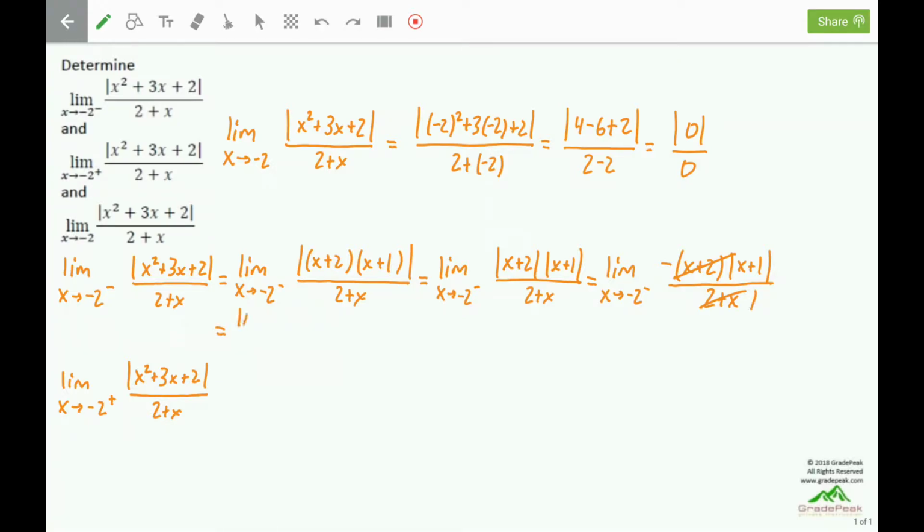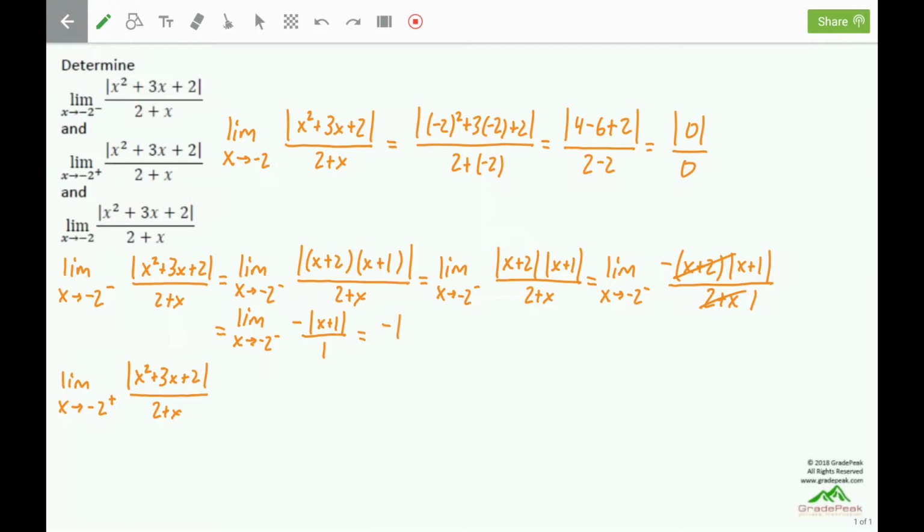And so we're left with the limit as x approaches -2 from the left side of the negative absolute value of x plus 1, over 1. Since we have removed the 0 over 0 indeterminate form, we can now try plugging a -2 in for each of the remaining x's.